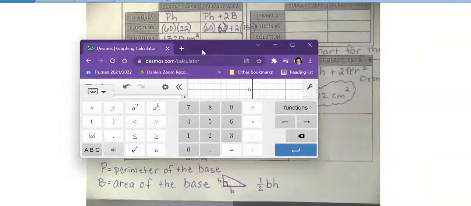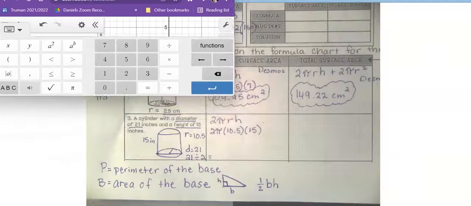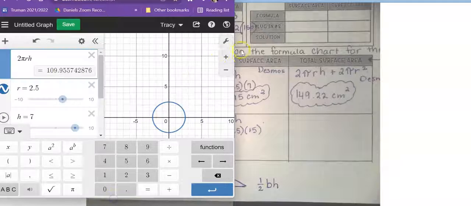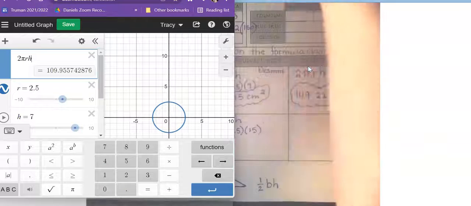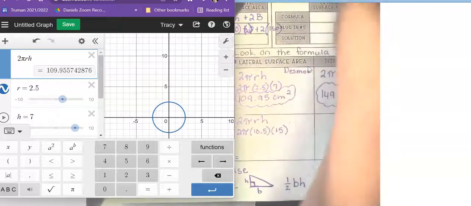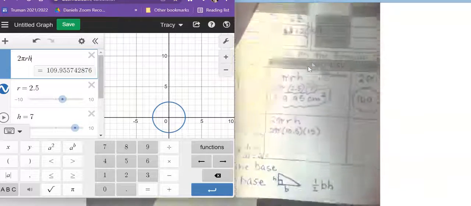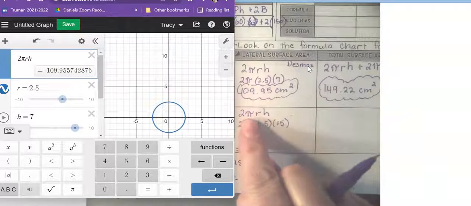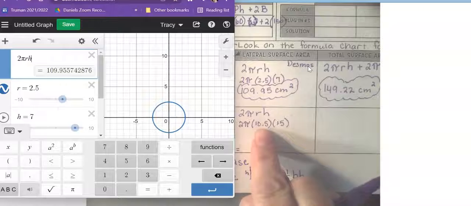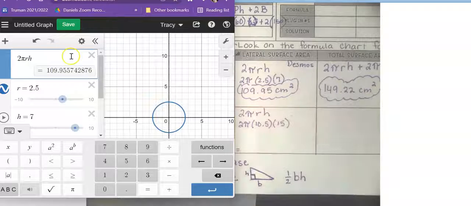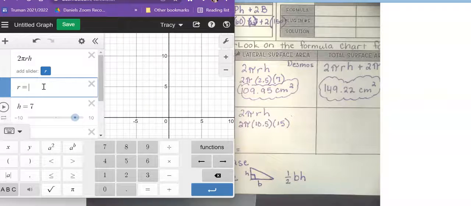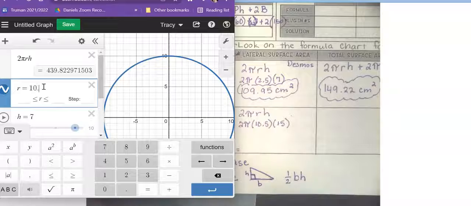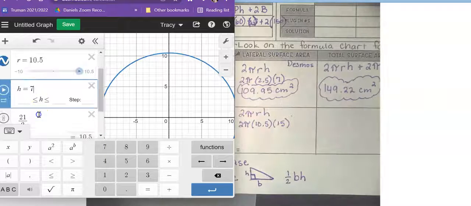times h. I guess I can just shrink this down for you. This is what I'm doing: 2 times pi times radius times height. My radius is 10.5, so I'm going to change my radius to 10.5. I'm going to change the height.